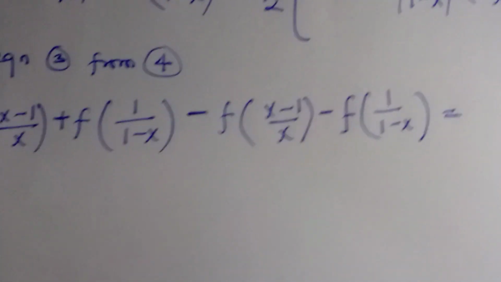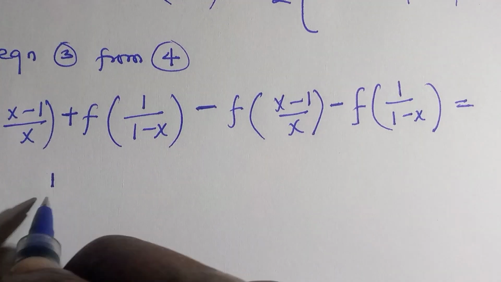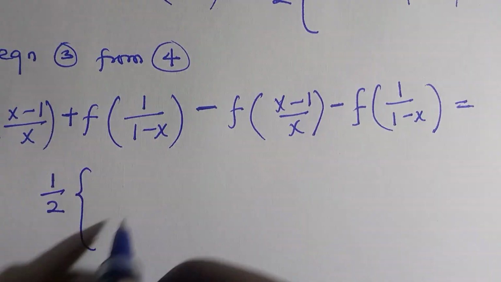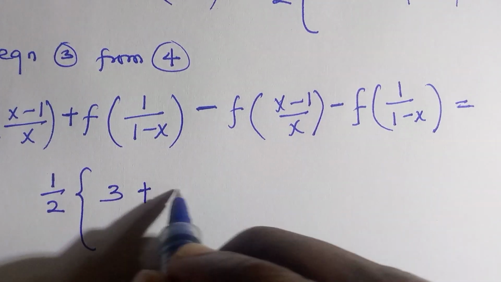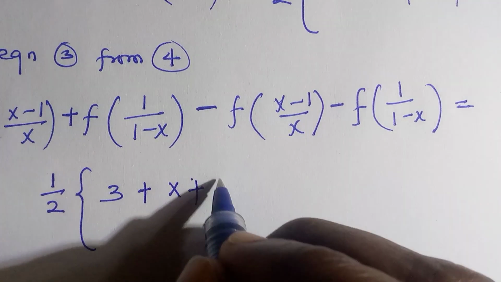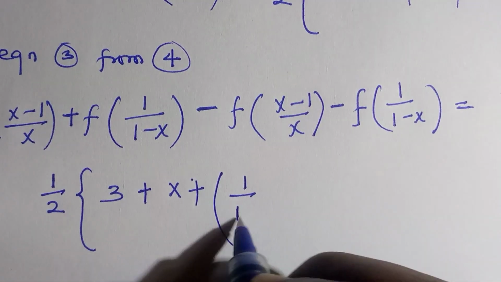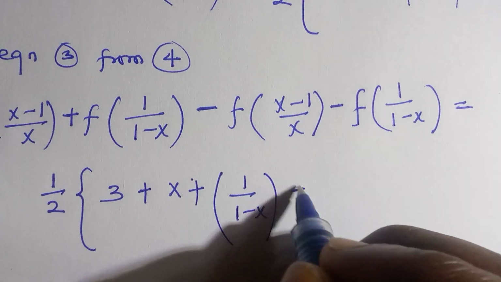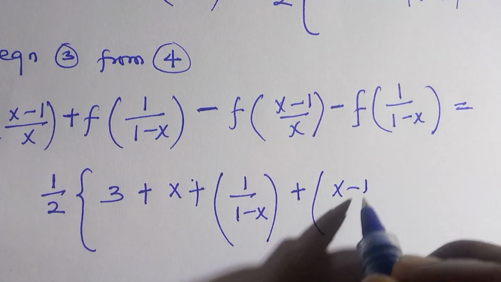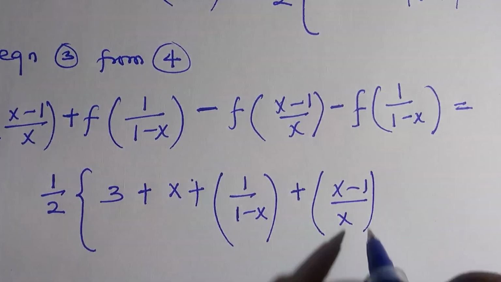equals to, for the right hand side of equation 4 is 1 divided by 2 bracket 3 plus x plus bracket 1 divided by 1 minus x bracket plus bracket x minus 1 divided by x bracket.